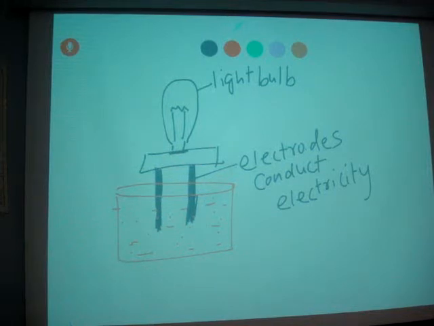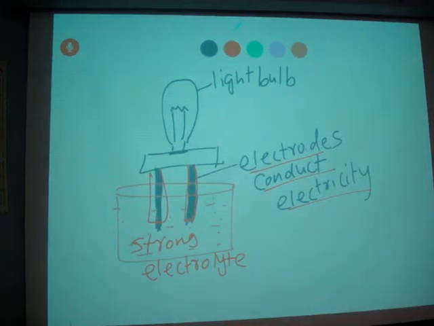Now let's say this one is a strong electrolyte. We make a solution of a strong electrolyte in water, and then we dip these electrodes into it.